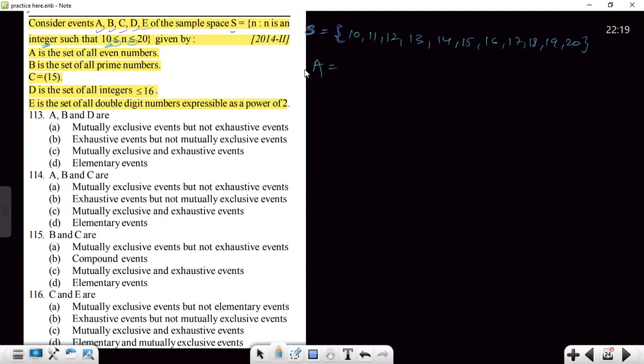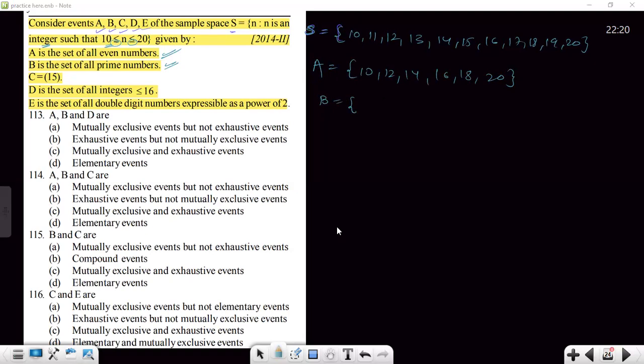So A is the set of all even numbers, so 10, 12, 14, 16, 18, and 20. B is the set of all prime numbers. Is 10 a prime number? What is a prime number? Anyone?